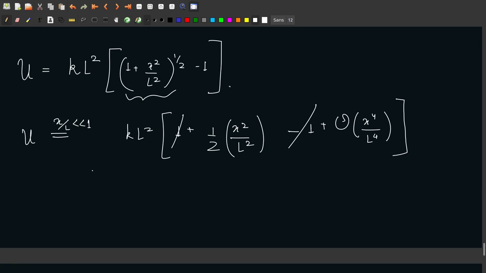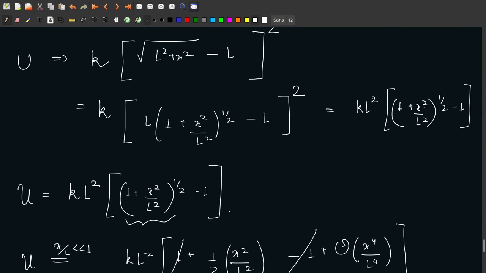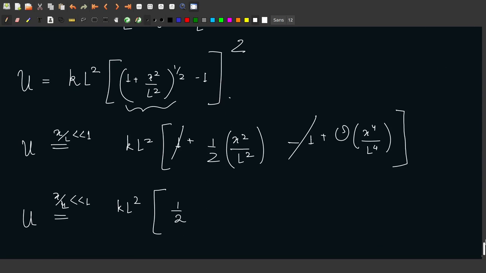So your 1 and 1 cancel out, and your potential energy under this limit of x by L much less than 1 is just k L square into half. Again I am missing the same factor, I have missed the squares over here. Please forgive me for my goof ups.